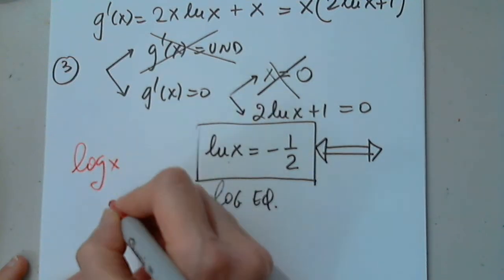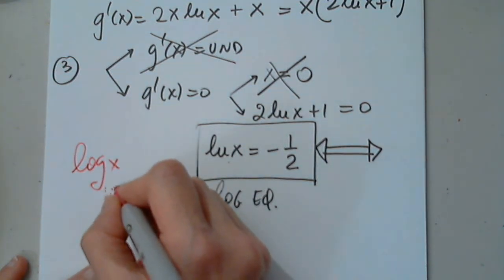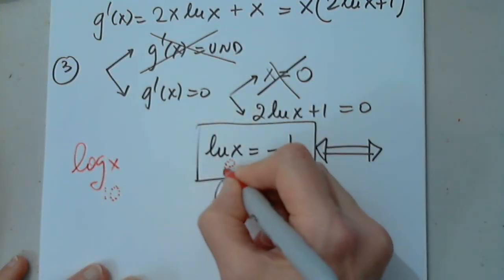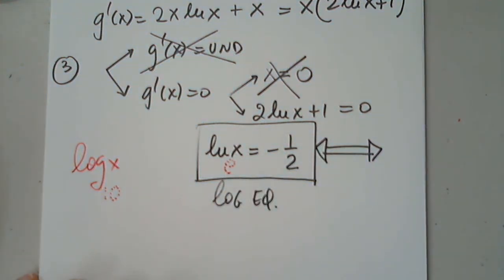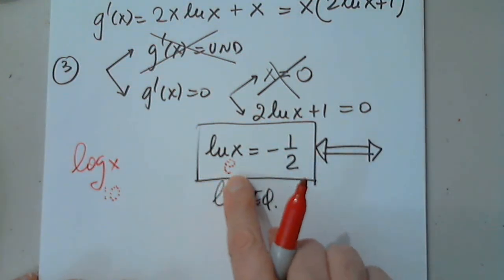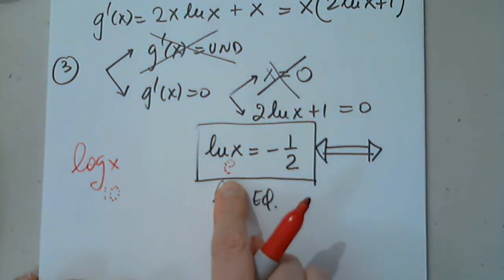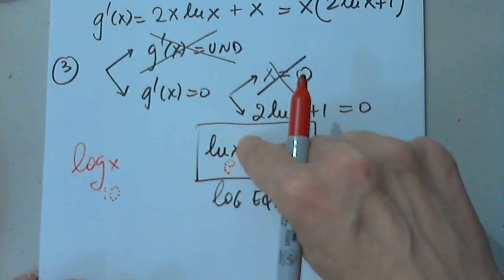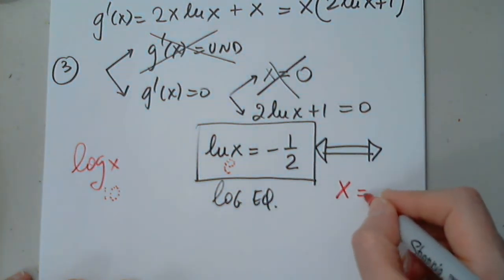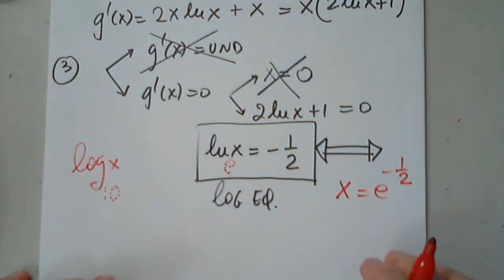Log has base 10. Base e, very good. It is base e, we don't write it. So e raised to this equals this. e raised to negative 1/2 equals x.